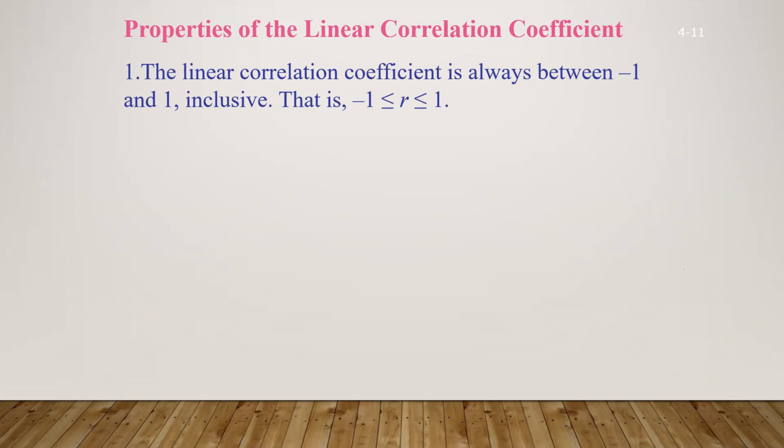Always, always, always. So it's never a value of 2 or -2. It can be 0, it can be -0.3, it can be -0.75, it can be 0.75, it's just always between -1 and 1.